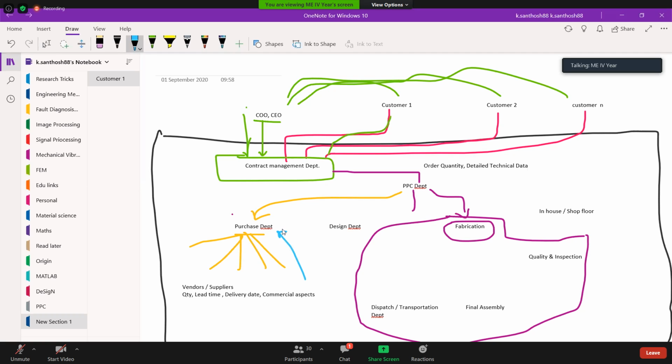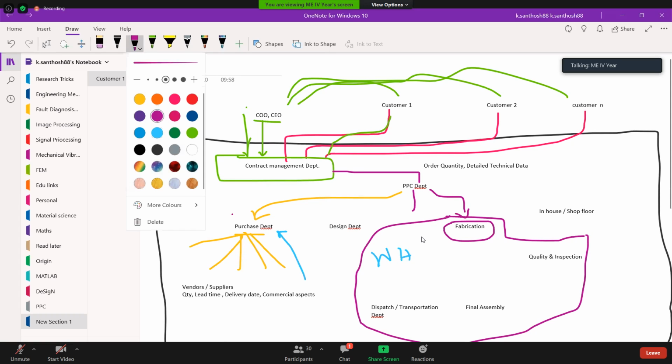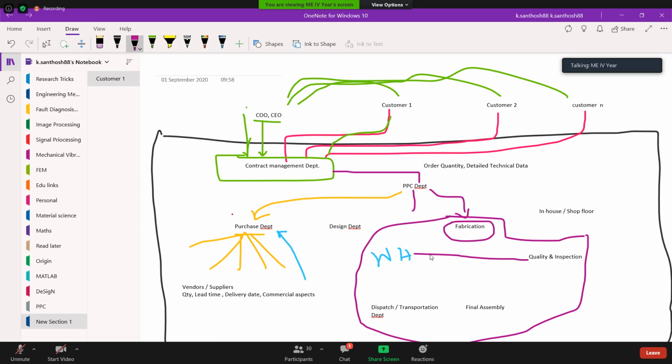So they will check the purchase order, whether the delivery date is reaching, and they will inform the warehouse. Warehouse is somewhere here. So warehouse people, there is a material going to come to the factory. Kindly be alert, and please talk to quality people.